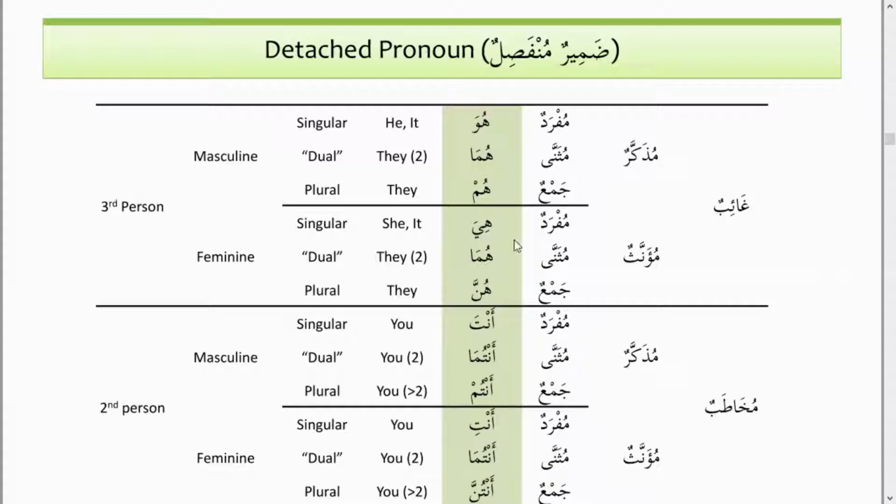So let's look at six first, okay? Today we'll just do the third person so that it doesn't become heavy for us. Similarly, huma is generally used for Adam and Hawa, because there were two in the Quran, right?